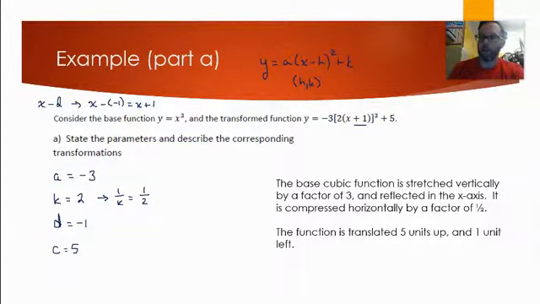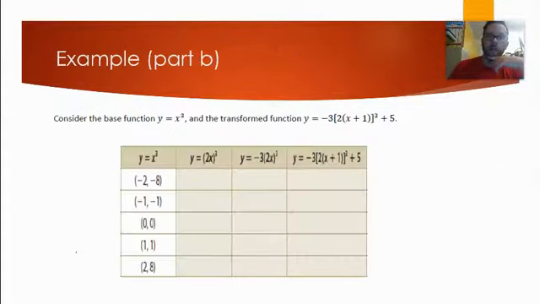And so we've described those corresponding transformations, but now we want to make a sketch of it. How can we make a sketch? One way to do that is to think of points on the base function and how they transform. And we're going to apply 1 or 2 transformations at a time. The one important thing that you need to know is that you apply the stretches, compressions, reflections first.